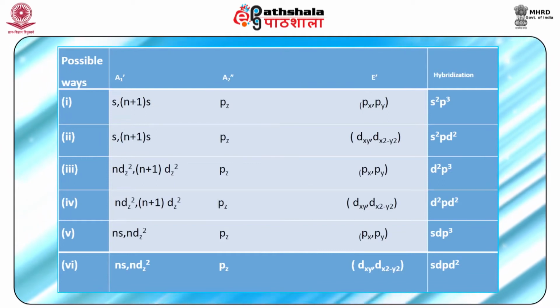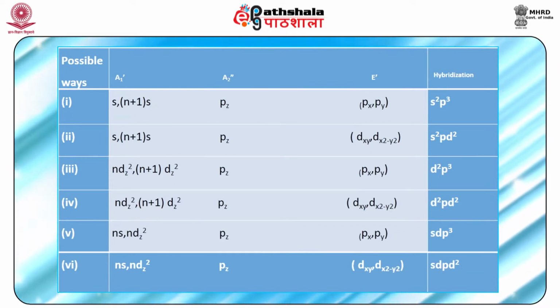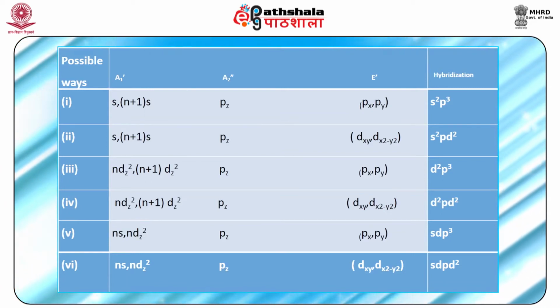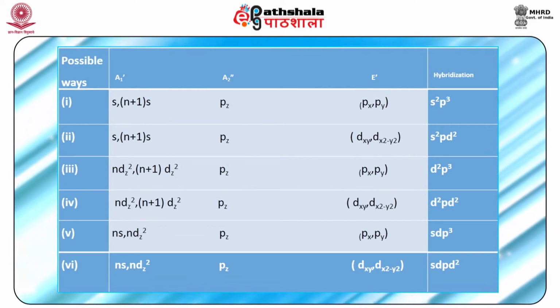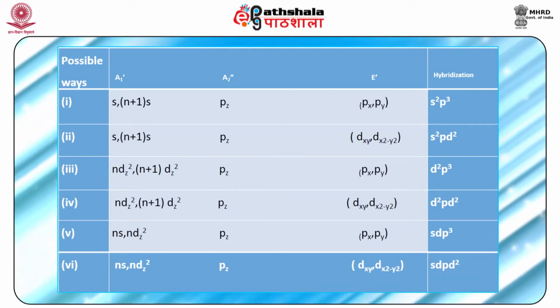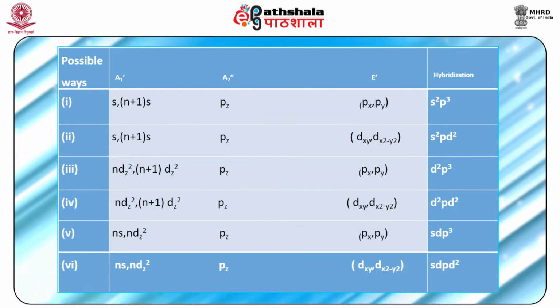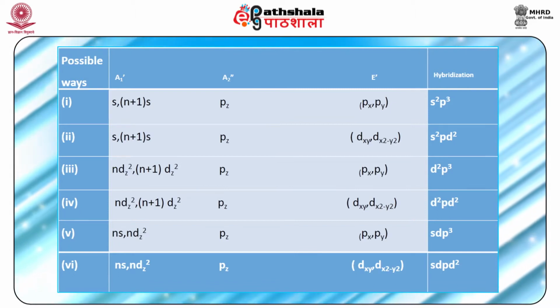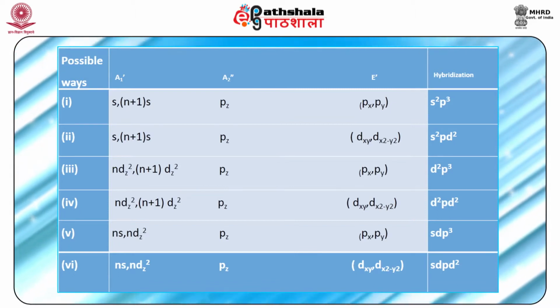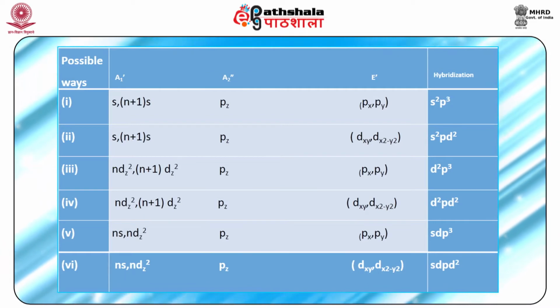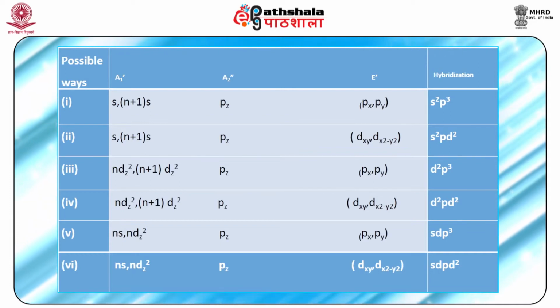Possible ways are 1 to 6, and for 2A1 dash, A2 double dash and E dash, the hybridizations are listed as: number 1, s, ns plus 1 s, pz, px, py, that is s2p3. Second combination, s, n plus 1 s, pz, dxy, dx square minus y square, that is s2pd2. Third combination, dz square, n plus 1 s, pz, px, py, that is d2p3.